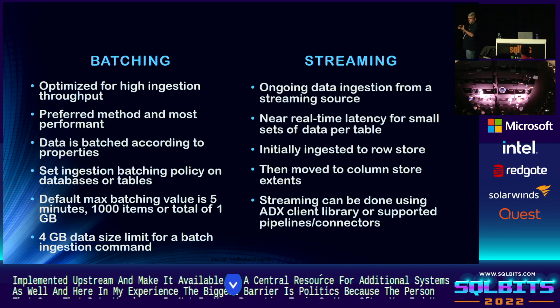The best practice is: if you are ingesting 1,000 events per second, then you can easily do streaming. But if you have more data than that, then it's better to use batching, with batches in sizes between 100 meg up to a gig. Streaming ingestion is ongoing. Think that you're ingesting from Event Hub, from Kafka, what have you.